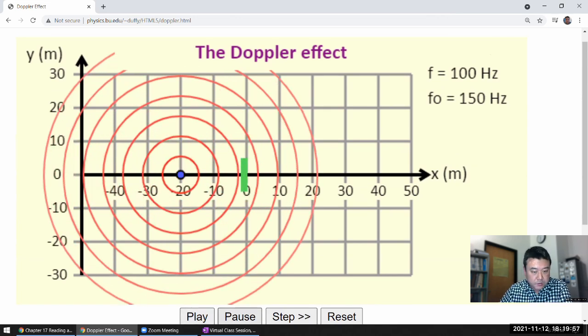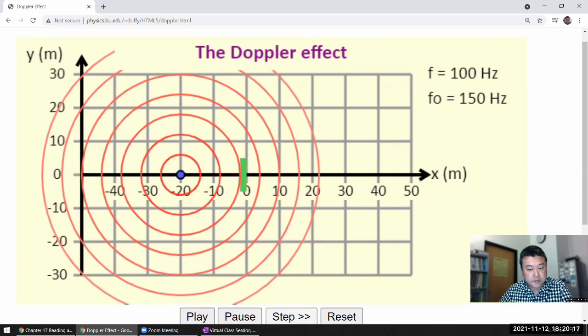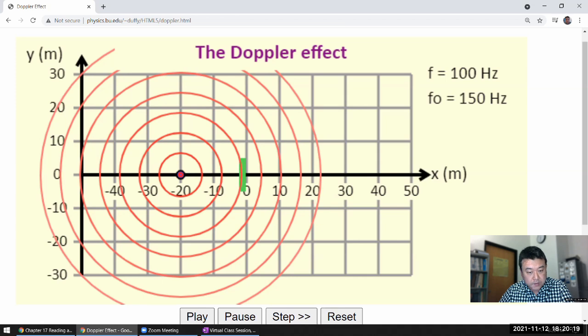Now, as you look at this, you might think, this spacing hasn't changed, so why is the observer hearing a different frequency? You have to think through the time between the wavefronts for the observer. Let's say the observer is crossing this wavefront here. If the observer just stayed at this point, the time it takes for the next wavefront to reach this point would be the same as what you would expect for 100 hertz.